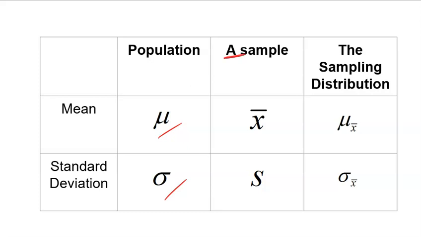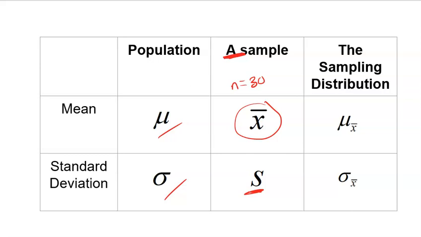Now, if we just look at one sample, let's say 30 giraffes, that one sample is going to have its own mean, its own X bar. And within that one sample, there's going to be a standard deviation, S, for that one sample.